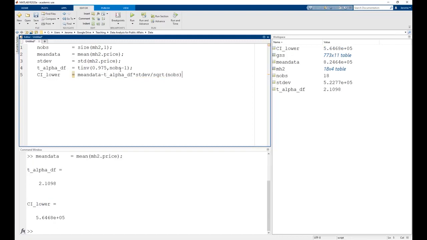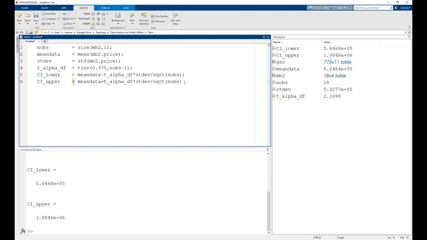And we get the lower bound of $564,000. To calculate the upper bound, we just replace the minus sign with a plus sign. And here we get a value of $1.84 million.